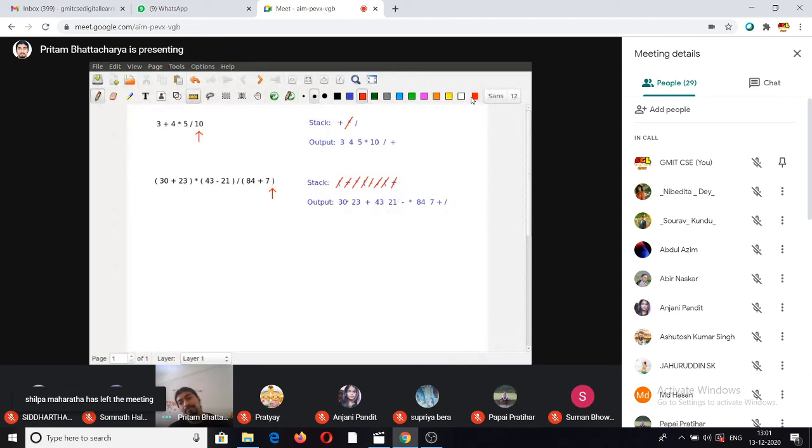So as I said, in postfix you always have two objects, which can be either sub expression or operand, followed by an operator. Now in prefix, it's just the other way around. You have the operator first, followed by a couple of objects which can be operand or sub expression. So, for example, quickly let me write down the prefix expression for, let's say, 3 plus 4 into 5 by 10.